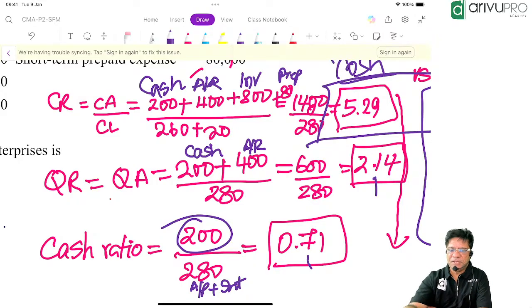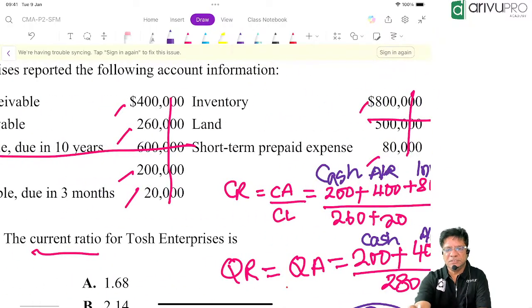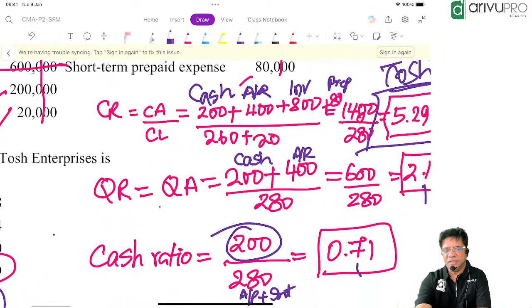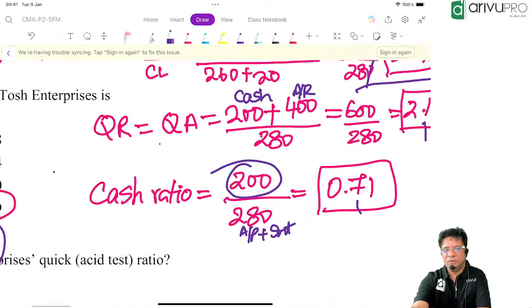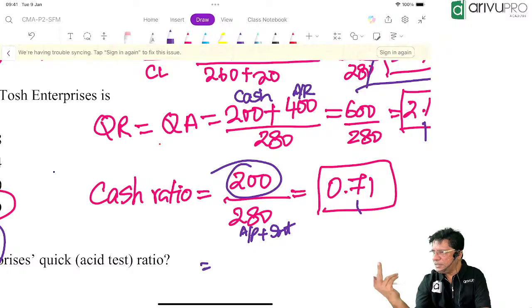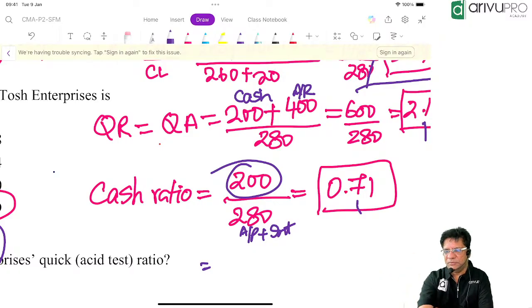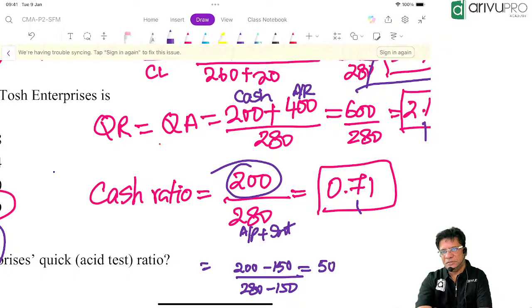Now, if your suppliers come and threaten you, how much do you have to give suppliers? 260, right? And you have cash of 200. If they threaten that tomorrow they will not supply raw material, give me 150. So cash is reducing, 200 minus 150, and this 280 minus 150. Cash is going out. How much cash are you left with? 50. And how much liabilities are you still left with? 130.